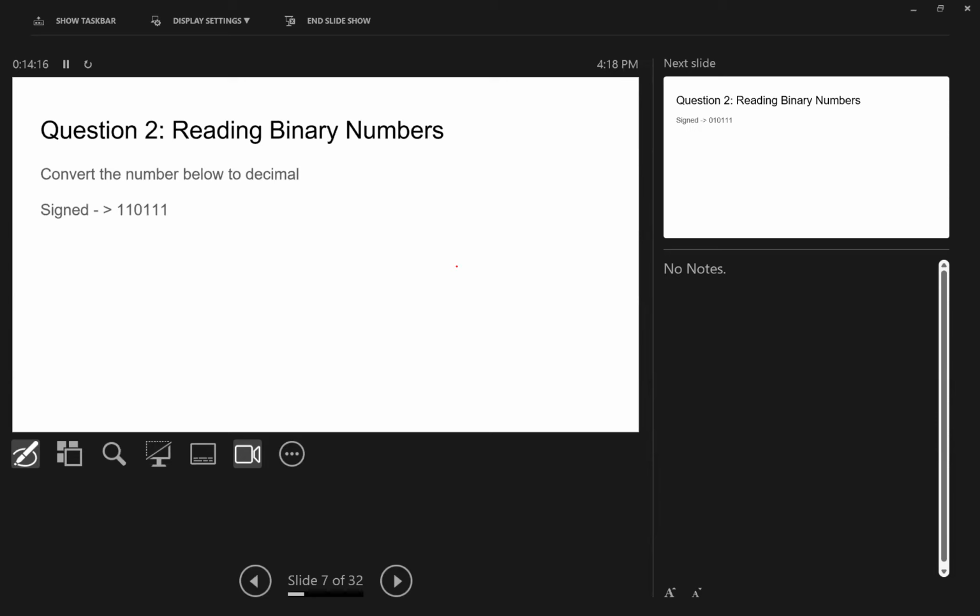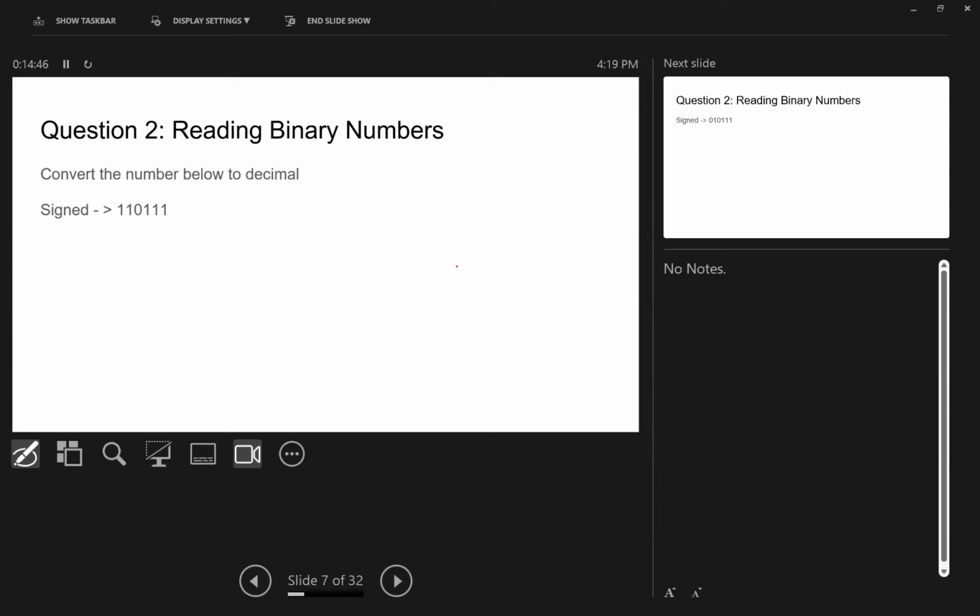And what do we do here? Actually, for the sign magnitude, the MSB here does not influence the absolute values of these numbers, right? Is it clear? So the MSB just affects the sign of these numbers. And if the MSB is 0, it means that the number should be a positive number. And if MSB is 1, it should be a negative number. That's the principle for sign magnitude, right?